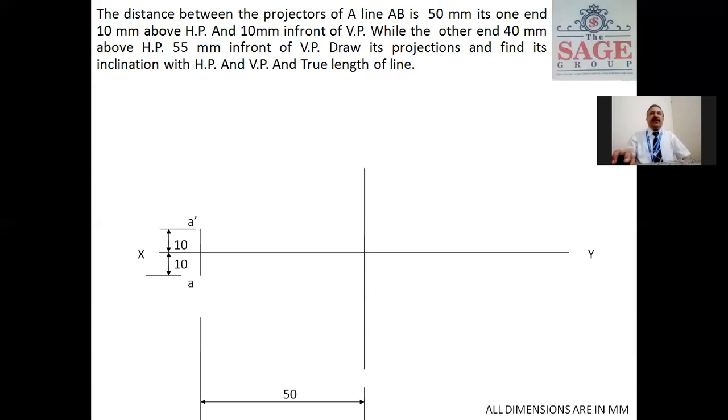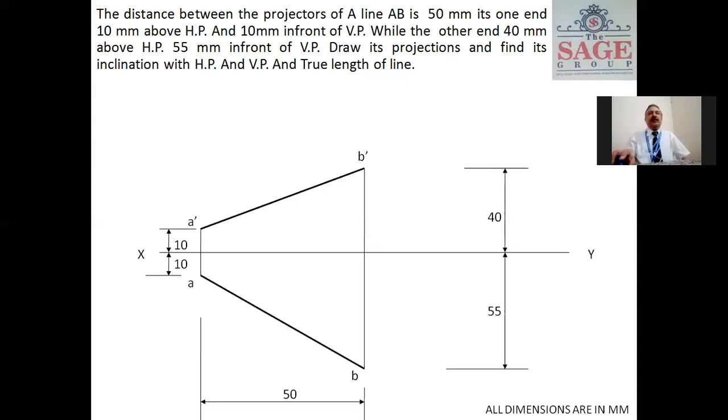So these are the two projectors, the projector of A and the projector of B. Now we directly mark point B on this projector. Our point B is 40 mm above HP and 55 mm in front of VP. This is our point B dash and B. Now we join A dash to B dash and A to B. This completes our final projection.